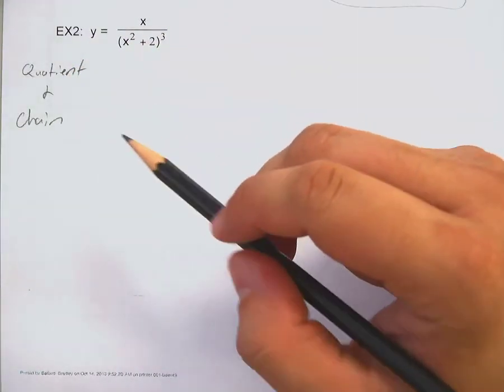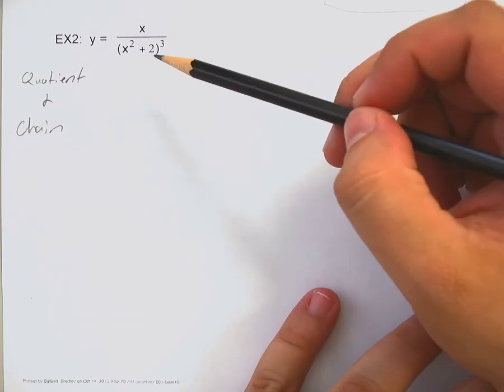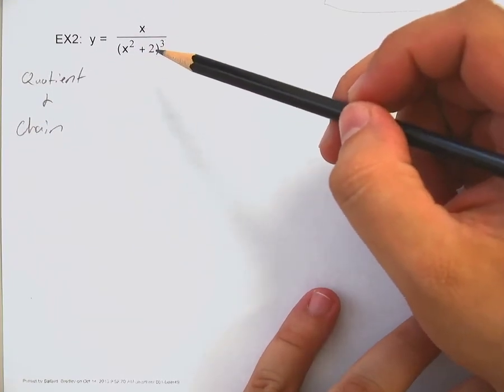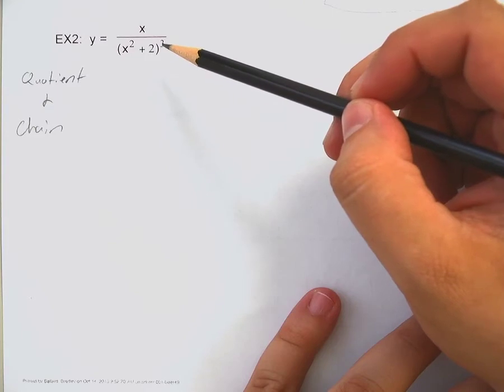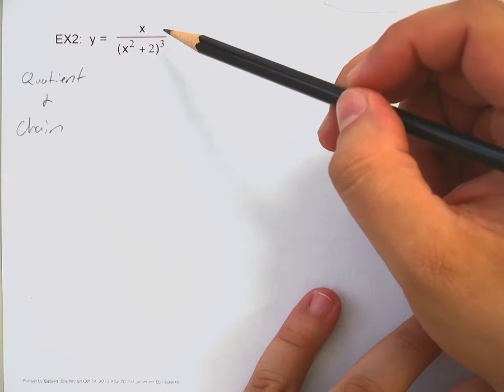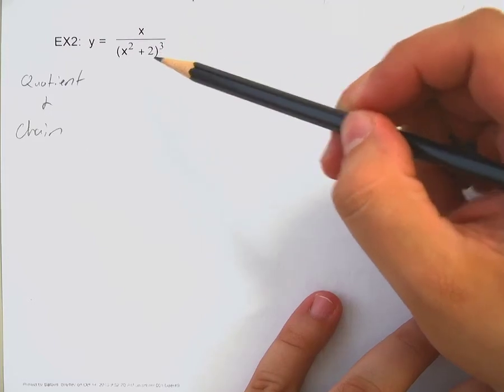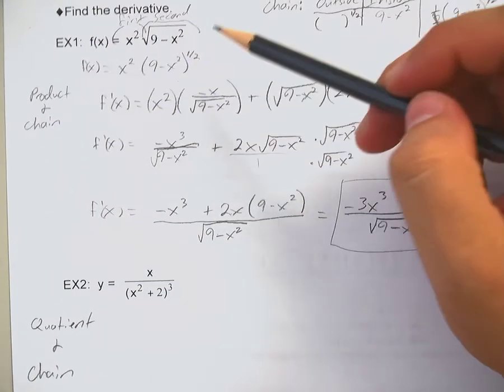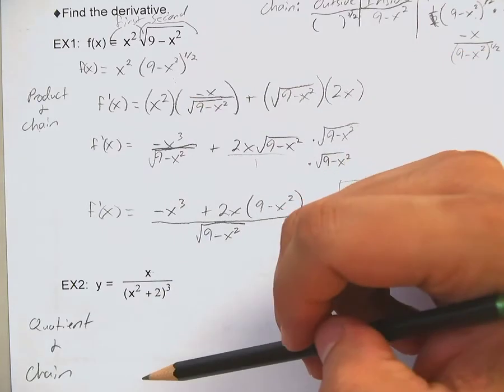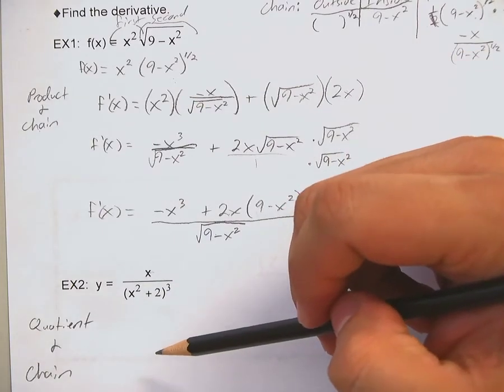The other option would be to change this, because it's a pretty simple denominator. We could change that 3 to a negative, move it up top, and do another product rule. But since we already did a product rule up here, I'm going to use the chain rule on this one, just to show you how to do it.